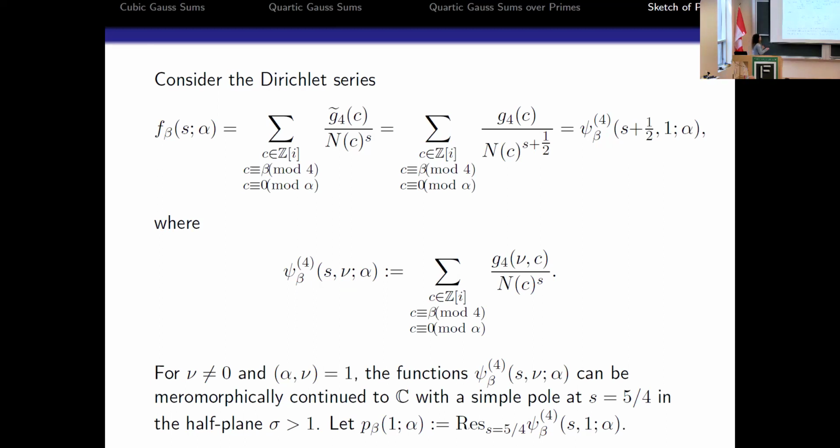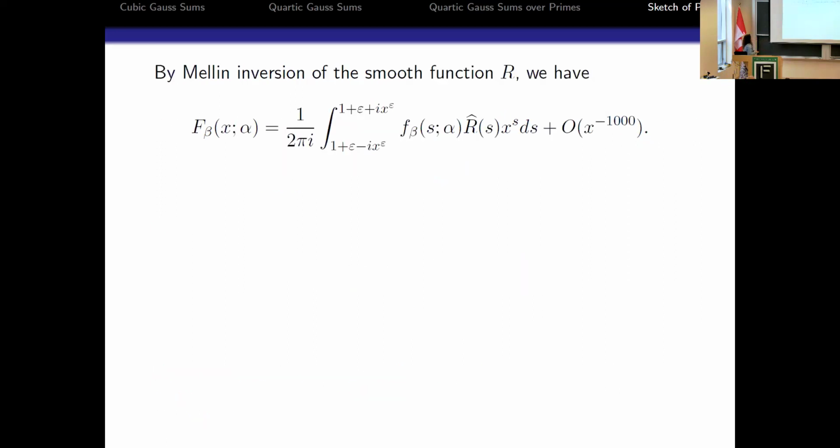As it turns out, one can show that these Dirichlet series have a meromorphic continuation to the entire complex plane with a possible simple pole at s equals 5/4. The residue will be denoted by P sub beta of 1, alpha in this case. If we look back at this partial sum, we use Mellin inversion and write it as a contour integral involving the associated Dirichlet series.